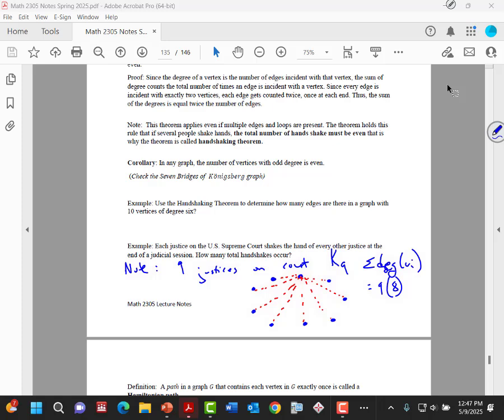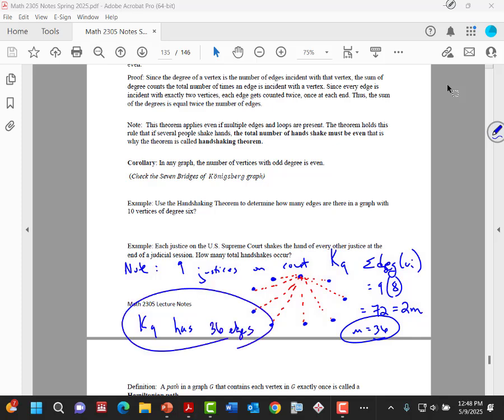So that would be 9 times 8, so that's 72, and that's going to equal twice the edge set, this 2 times m. So in this case, m would equal 36 handshakes. In essence, K sub 9 has 36 edges. That's what this is more or less saying.